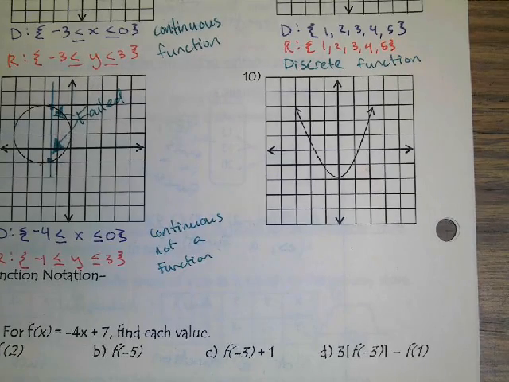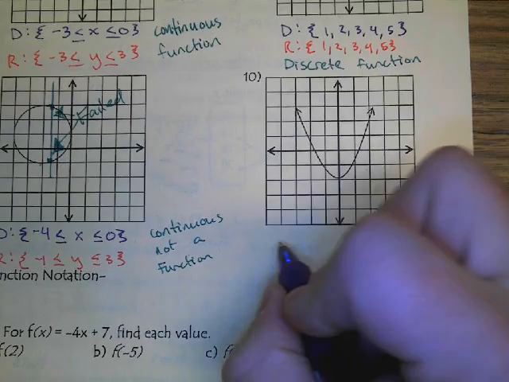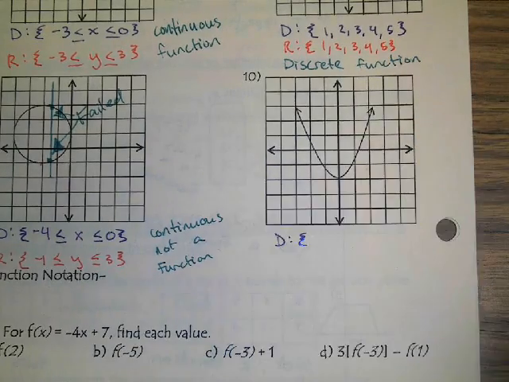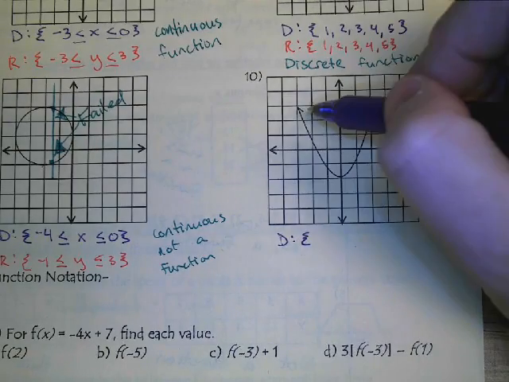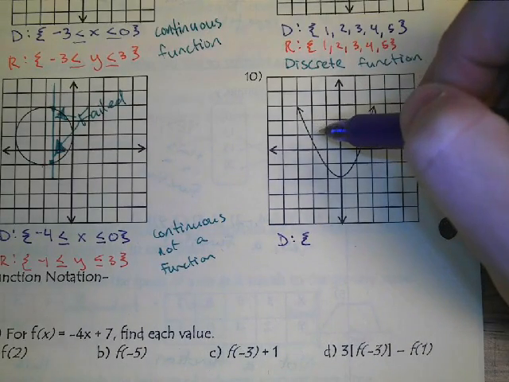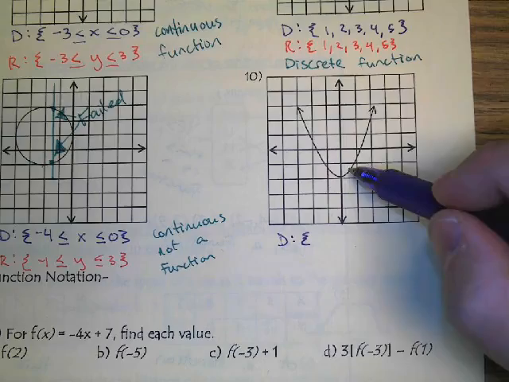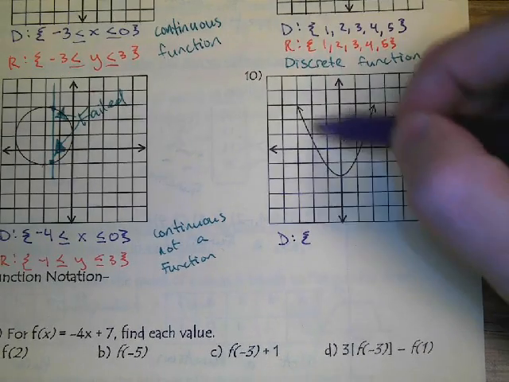Number 10, we'll talk about our domain. Now, this one's interesting because our lines go off forever in both directions.